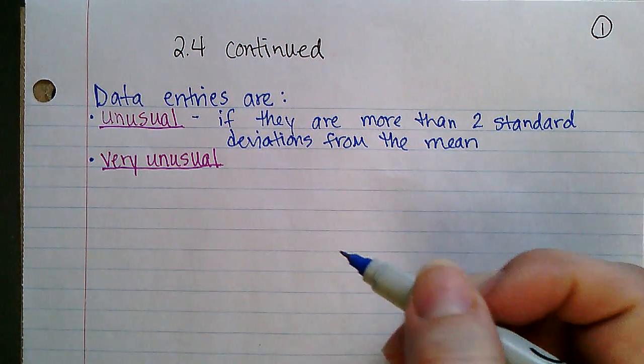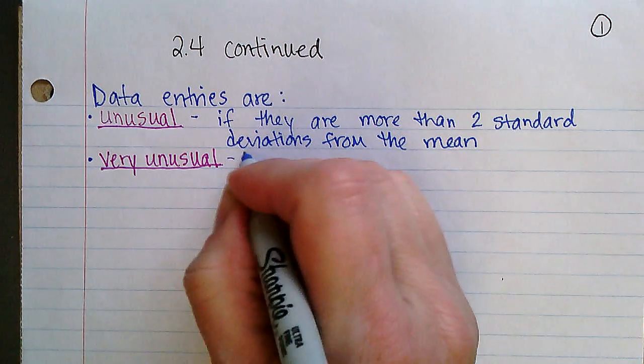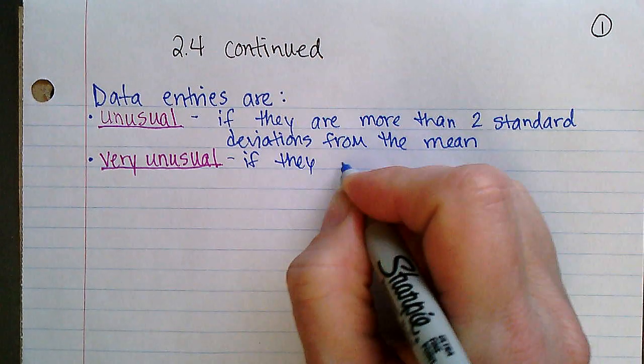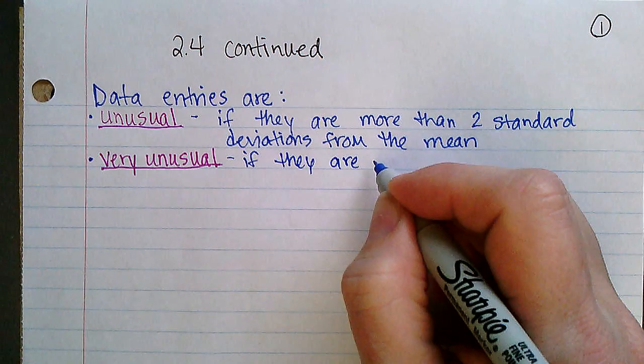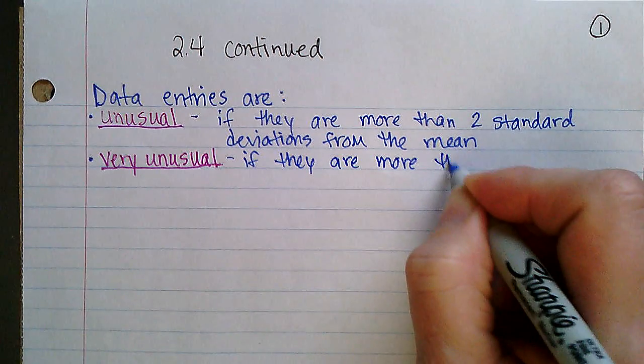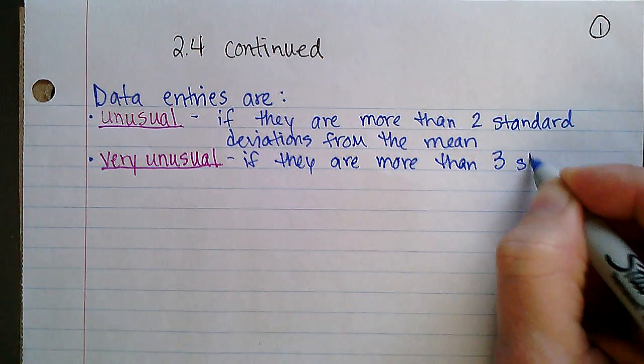Data entries are considered very unusual if they are more than 3 standard deviations from the mean, either above or below.